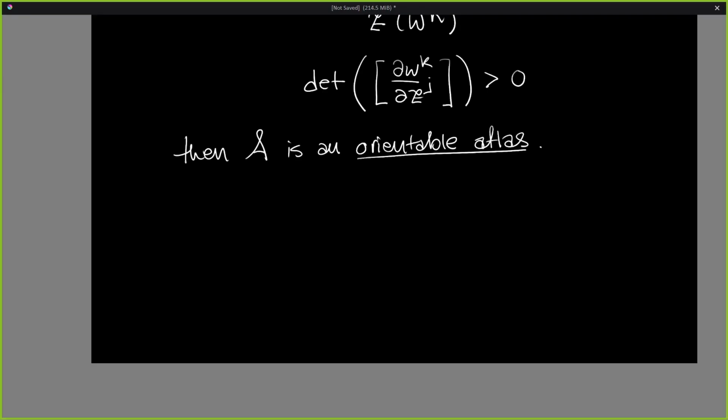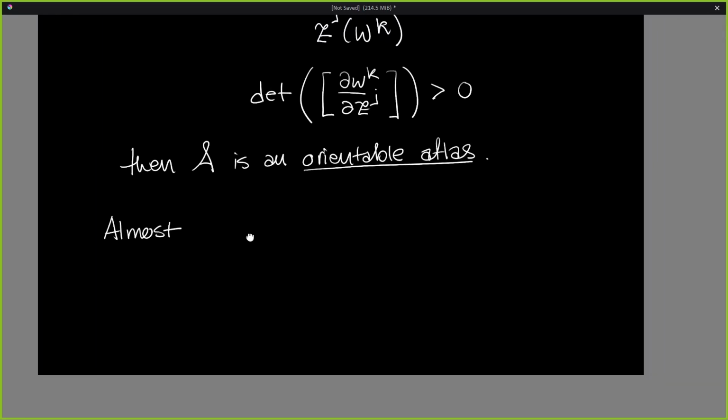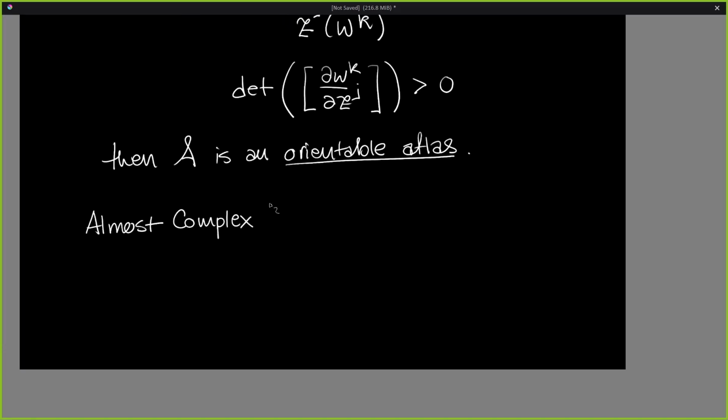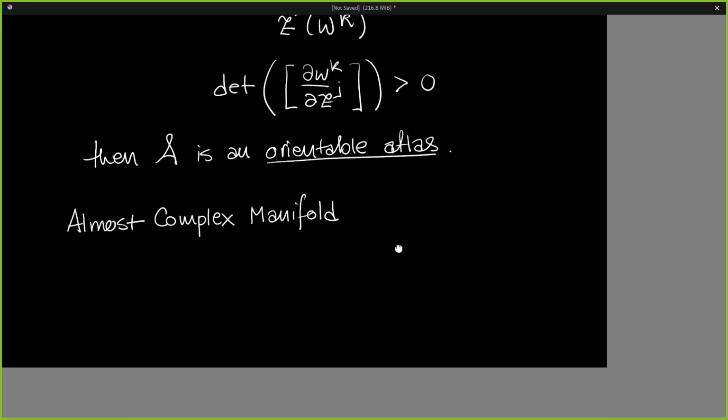Okay, so almost complex manifolds. Sorry, I think I misspoke when I said that almost complex manifolds need an integrable J. They don't. All they need is a smooth assignment of J's, right? If they have a smooth assignment of J's, then they have a smooth assignment of volume forms.